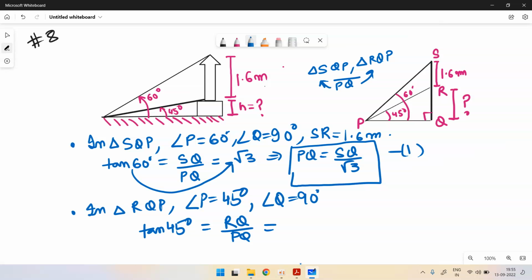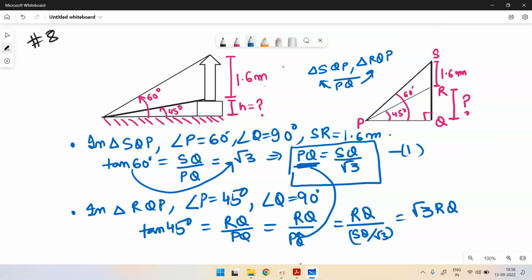RQ is not given, so you can take RQ, and the PQ from here you can substitute, which gives RQ by SQ by root 3, which is root 3 RQ by SQ, and tan 45 degrees you already know is 1.